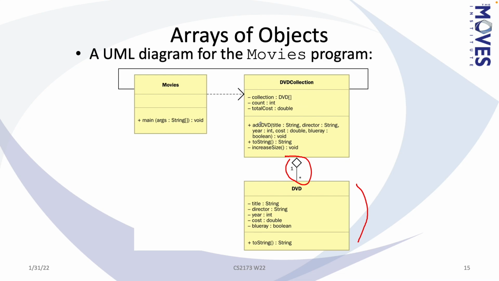Because the DVD collection, again, same sort of thing, is going to be an array of these DVD objects together with a count, which is going to say how many there are, and the total cost of them. And then the main class is going to be this movies one, and again, they say this has an instance of this.